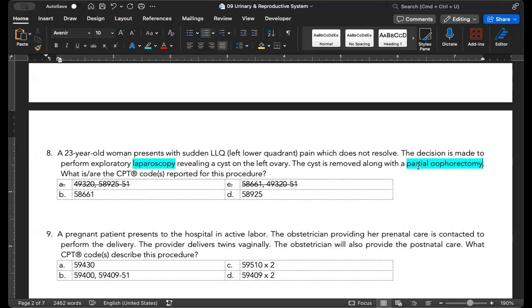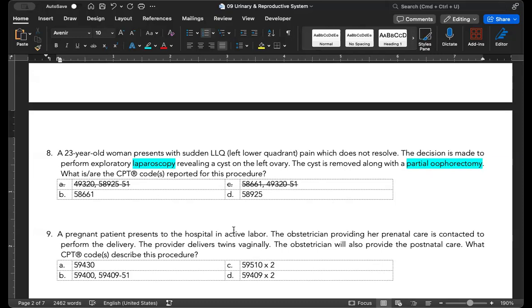So we didn't do 90% of what that code says. We didn't do a hysterectomy, we didn't do a lymphadenectomy, we didn't do node sampling, and we didn't remove tubes. We only did a partial oophorectomy. So 58548 is not it.